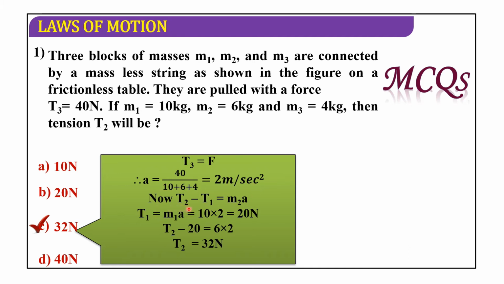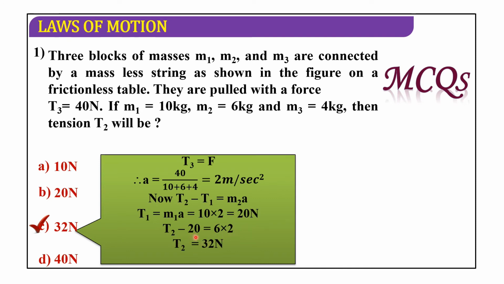Now T2 minus T1 is equal to M2 into A. First we should calculate T1. T1 is equal to M1 into A. M1 is nothing but 10, 10 into 2, that is 20 newtons. Substituting T1 value here, T2 minus 20 is equal to 6 into 2, that is M2 into A. So 6 twos are 12.